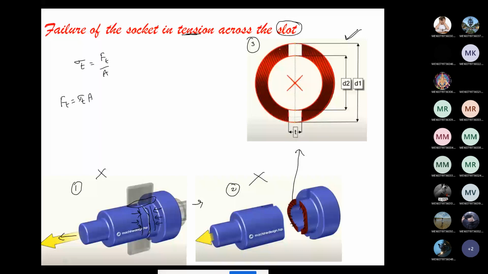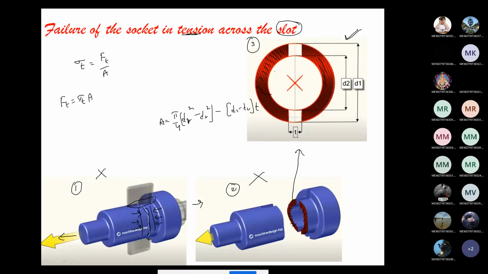For the third image, I'm writing the area as pi by 4 into (d1 square minus d2 square), minus (d1 minus d2) into t. I'm subtracting it from the whole.